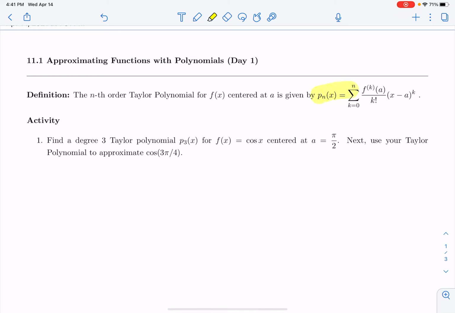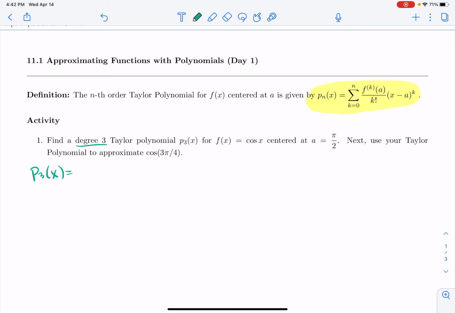So it's all going to start with this polynomial that's written in a general form, in that compact summation form. What does that actually mean? For a degree 3 Taylor polynomial, we can write that out in the general form. And I'll just put it in terms of a for now, so for a general center. So P3 of x is equal to, we're starting at k equals 0.